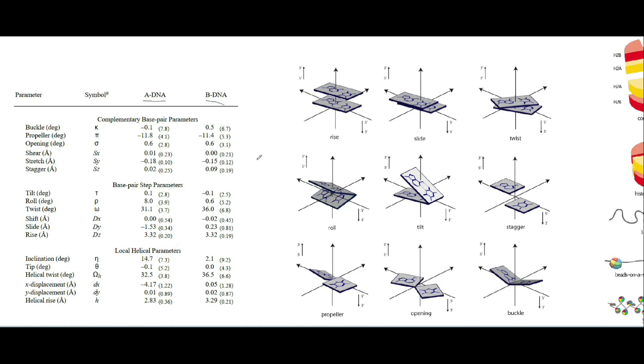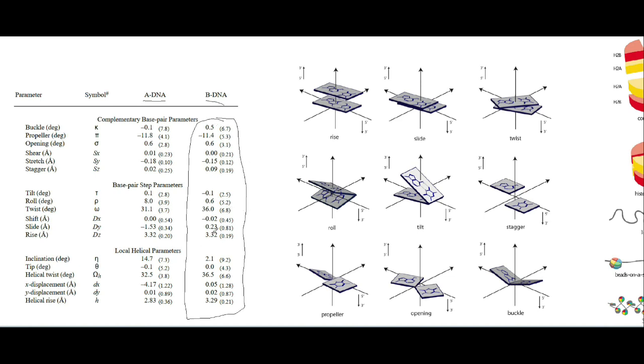And so the different angles and offsets and everything are pretty well characterized in DNA, and these are the ones here that occur in our B DNA, which is what we are interested in.